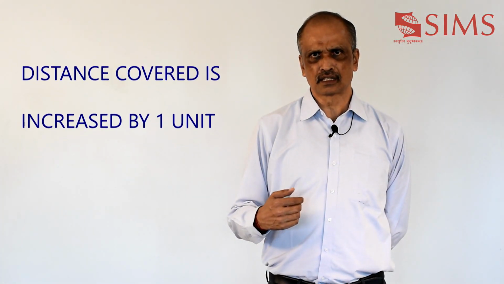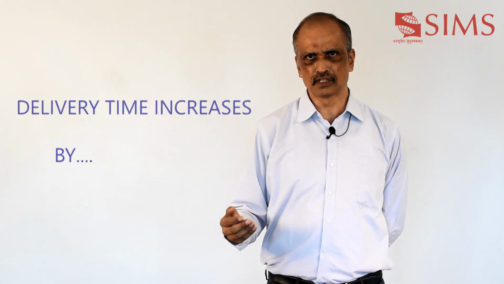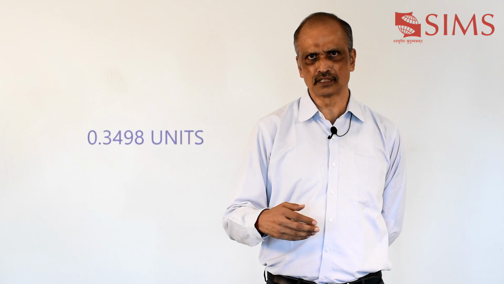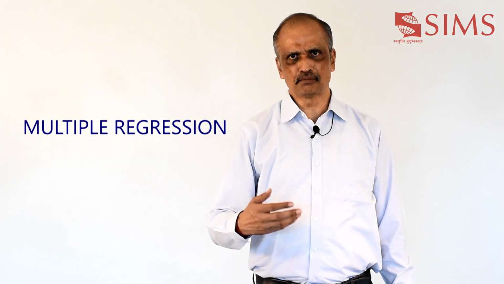Now how do we interpret this equation? If the distance covered is increased by 1 unit, then we can say the total delivery time increases by 0.3498 units or 34.98%.